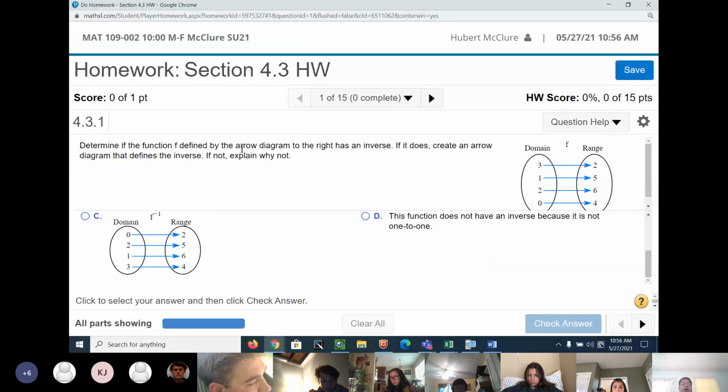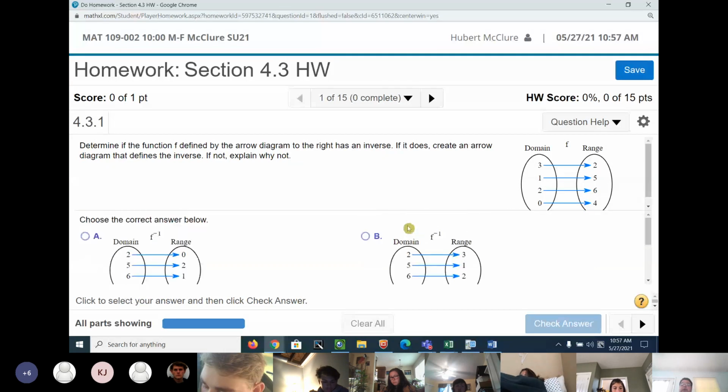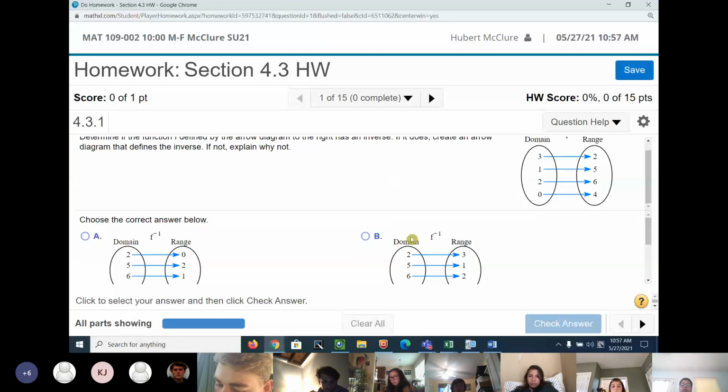Determine if the function by arrow diagram to the right has an inverse. Well, the inverse would be the opposite: 2-3, 5-1, 6-2, 4-0. So which one says 2, 3, 5, 1, 6, 2, and 4, 0? Which one says that? Bravo.